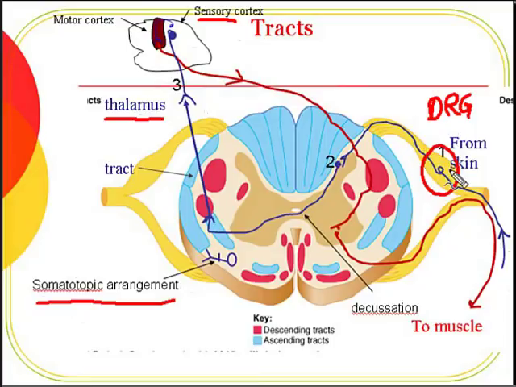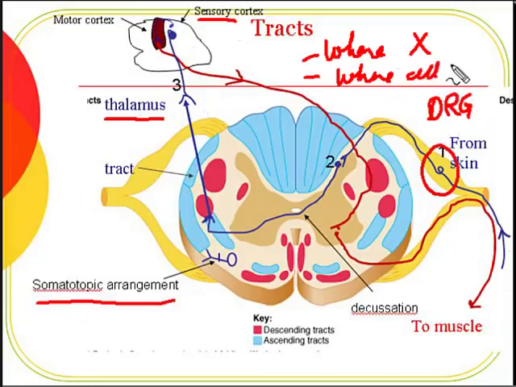Whenever we are doing the tracks, you must know, first of all, where it crosses, where the crossing occurs. You must know where the cell bodies begin, or where the cell body lies. For example, the first order neuron, the cell body lies in the dorsal root ganglion. In the second order neuron, the cell body lies in the dorsal horn, or you can say it begins in the dorsal horn.